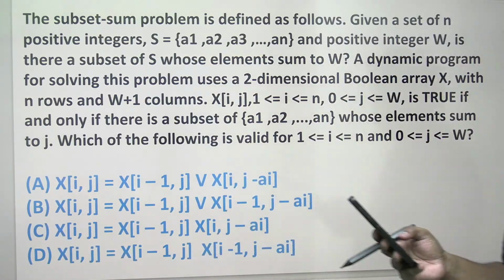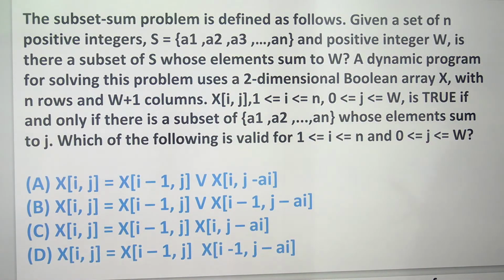Yeah, please, can you see this? The sum of subsets problem is defined as follows. Given a set S of n positive numbers and a positive integer w, is there a subset of S whose elements sum to w? A dynamic programming approach for solving this problem uses a two-dimensional Boolean array X with n rows and w plus 1 columns.